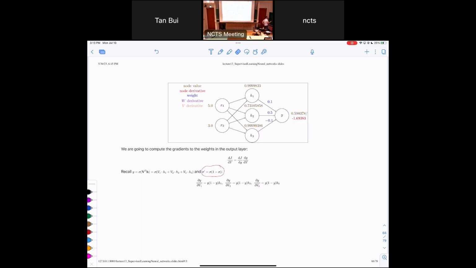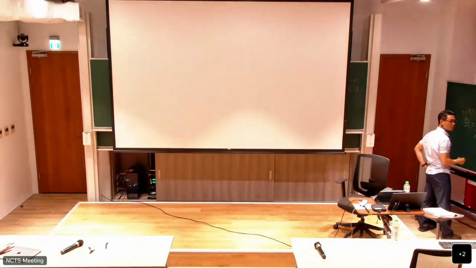So in order to do dy with respect to V1, I'm going to do the sigmoid with respect to x first, the argument. Do you agree? Chain rule. The sigma dx, which is here, is sigma times 1 minus sigma, the sigma prime. And dx with respect to V1 is H1. X with respect to V1 is H1. There. See that?